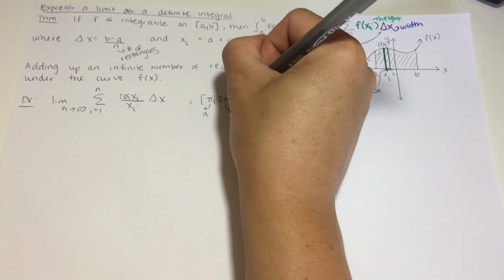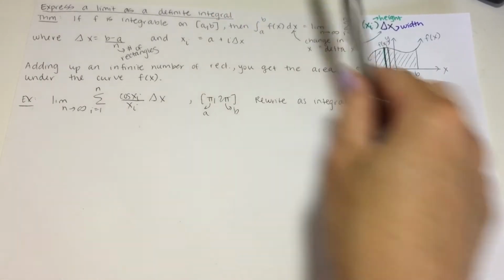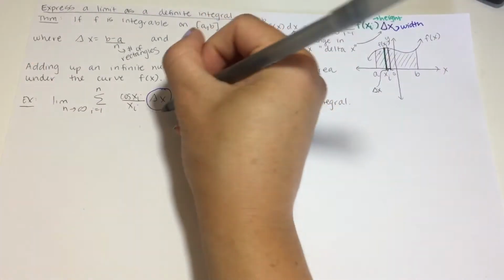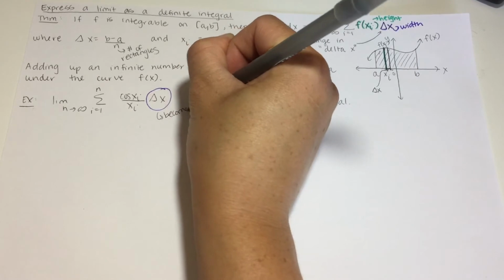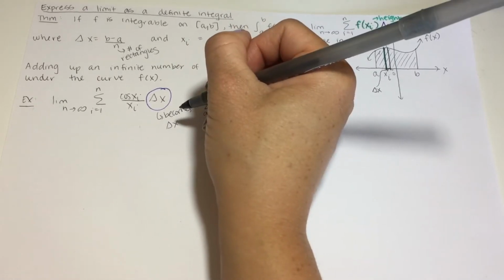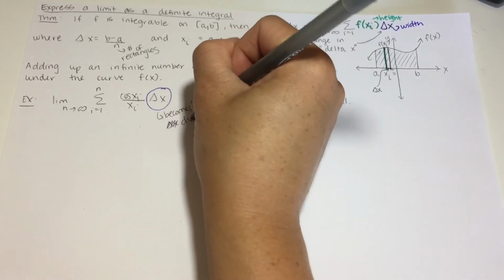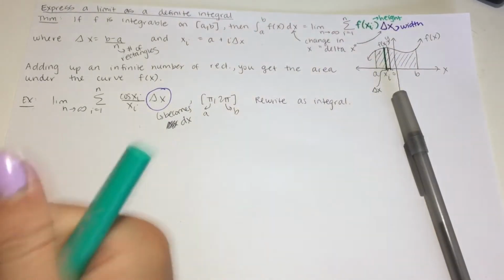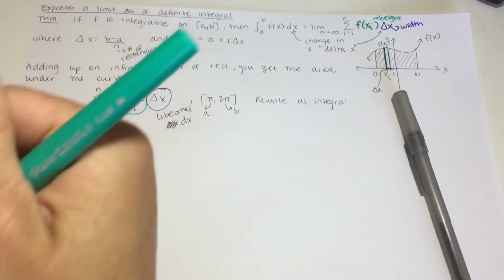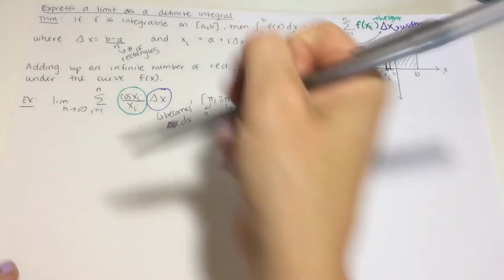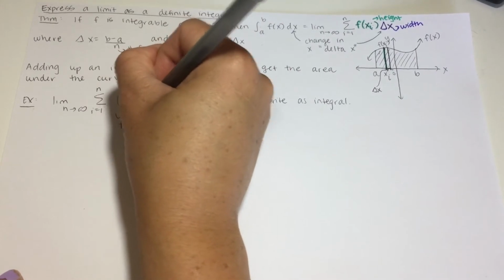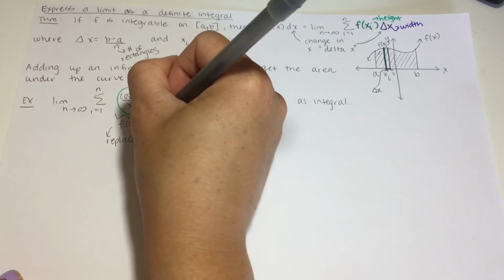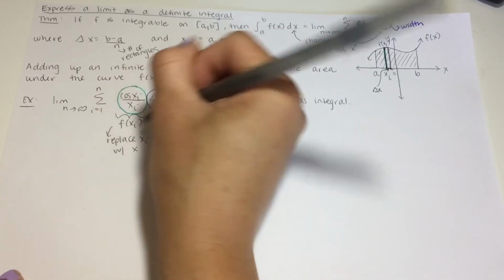From the start, we know that our a and b are going to be pi and 2 pi respectively. We know that our delta x is going to become dx when we convert it to an integral. We also know that this is our f of xi function here, the cosine xi over xi. So all we need to do is replace our xi with an x.